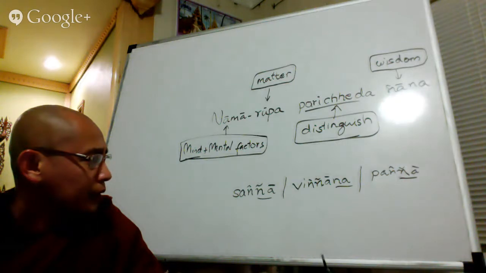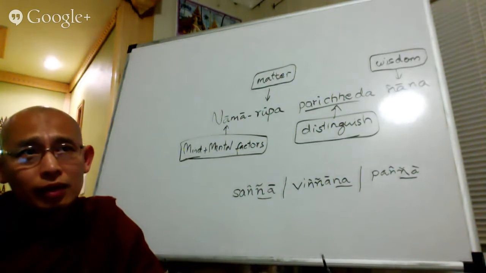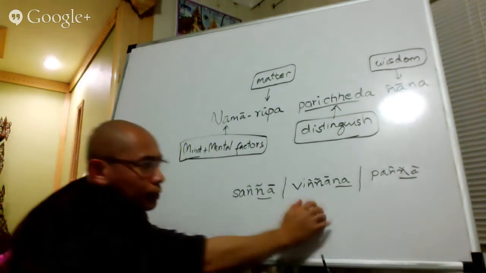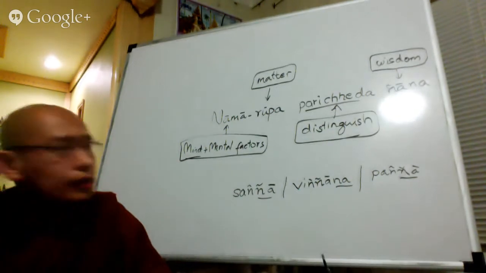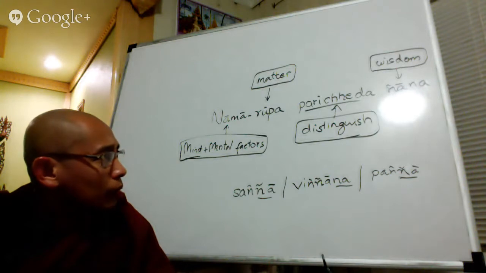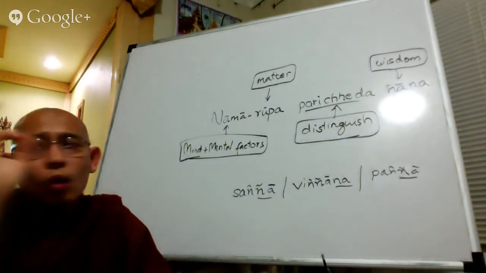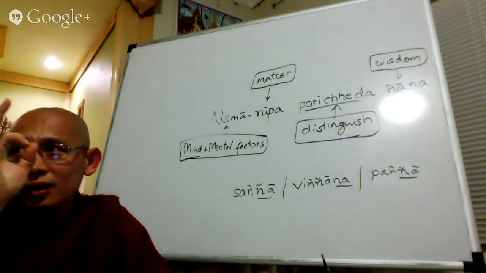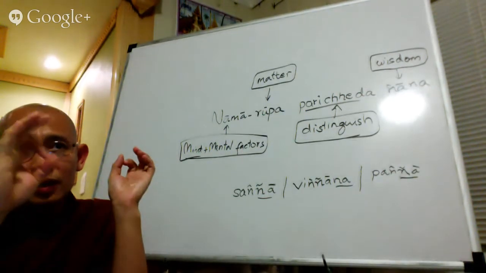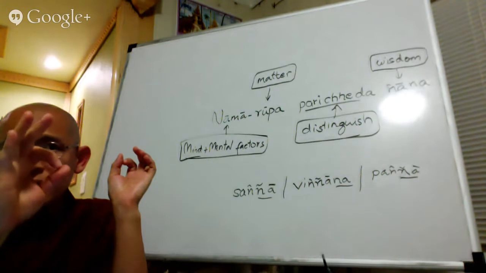In the Abhidhamma, a simile, an example, is given to distinguish these three. Sanna is, for example, a coin. Three persons know the coin, but in a different way.